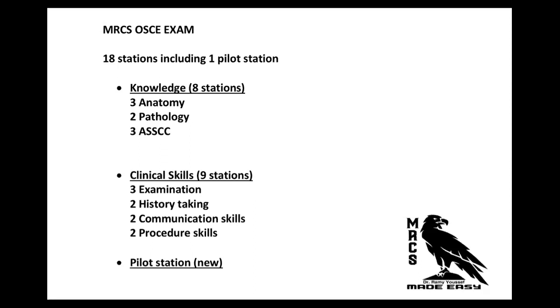Clear. Okay. Go for communication skills. You have two types of communication skills here. You have what's called phone communication skill, where in this station you are talking to a doctor or a colleague or a consultant to inform him about a case. Or you have a real actor, and you communicate with him about a situation.